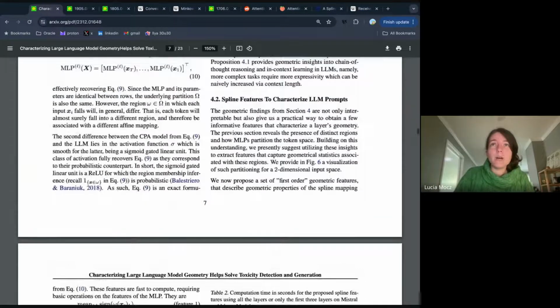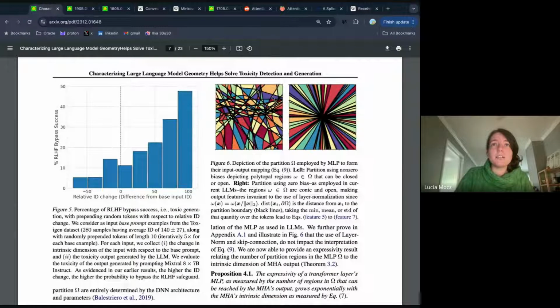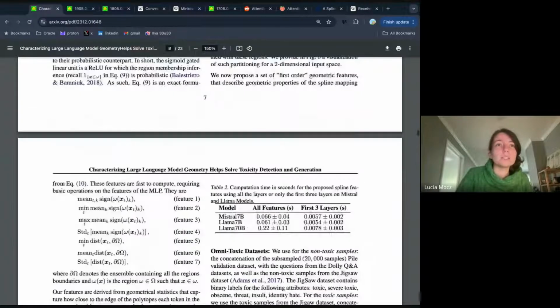Instead of necessarily understanding the prompt itself, you can understand the breakdown of these regions, and do some elementary statistics of how points are distributed in each of these really, really weird regions, and use those elementary statistics of the breakdown of the space itself to make predictions on whether you have more or less toxicity.